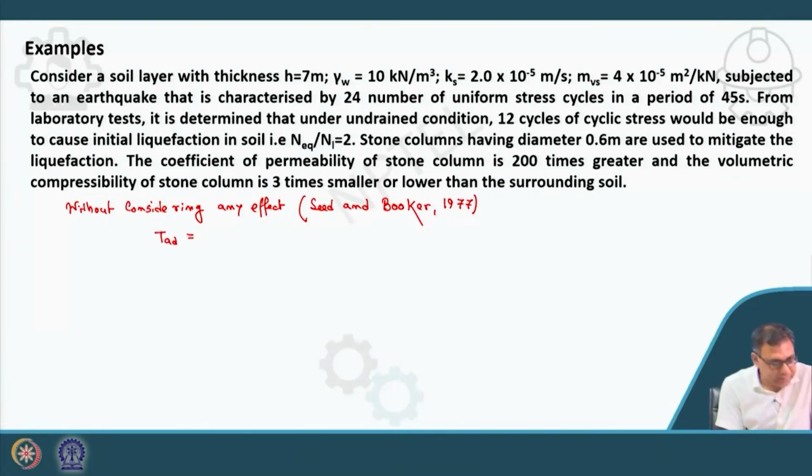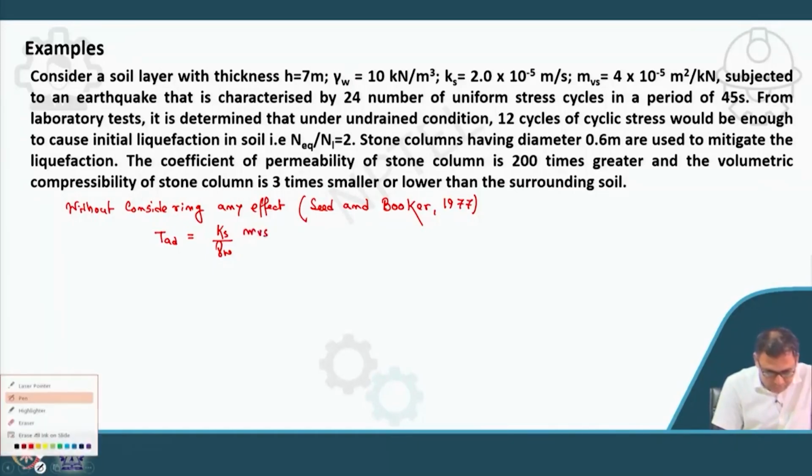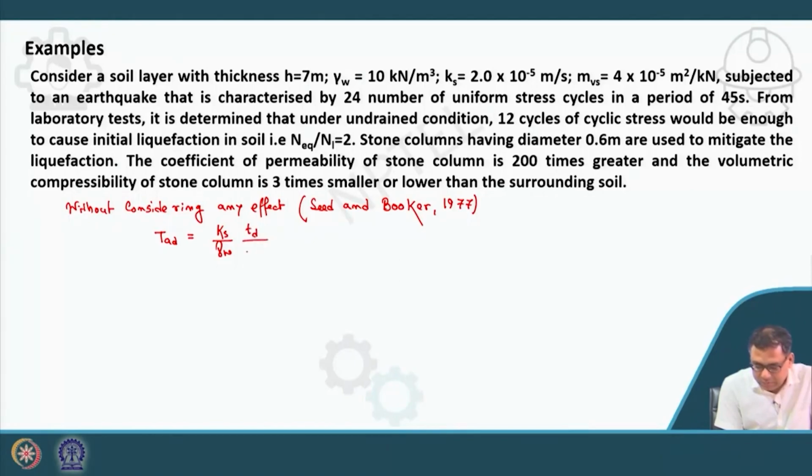Here, first you have to calculate T_AD. What is T_AD? T_AD is Ks by gamma_w into m_vs, into t_d divided by m_vs, into 1 by r_d square. Now, the Ks value is 2 into 10 to the power minus 5 meter per second.